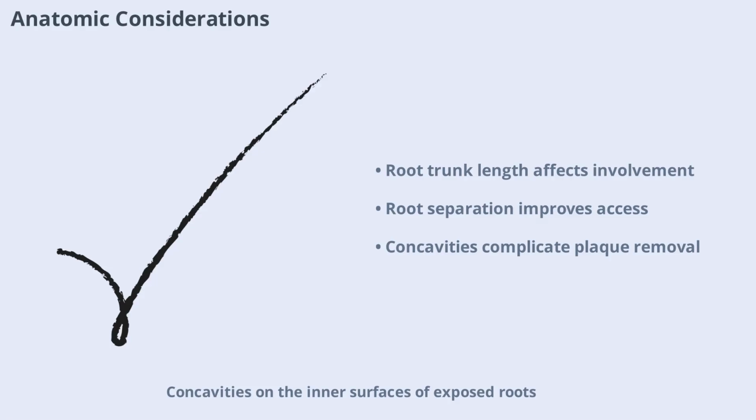Concavities on the inner surfaces of exposed roots increase the attachment area but make plaque removal challenging. Cervical enamel projections, present in about 15% of molars, favor plaque accumulation and must be removed for effective scaling. The anatomy of the furcation, including bifurcation ridges and accessory canals, can complicate treatment and healing.